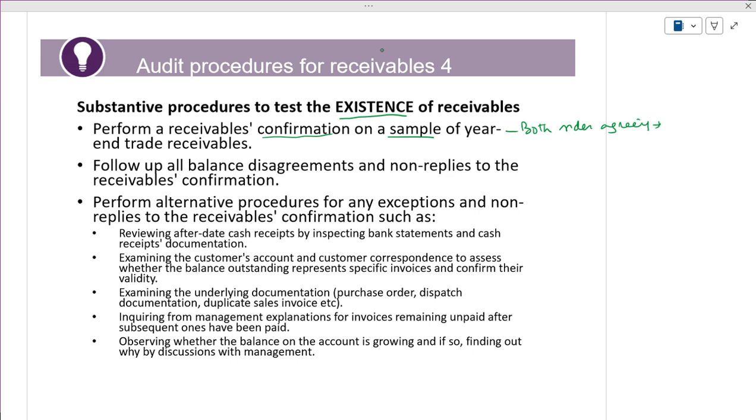Follow up on balance disagreements. Any disagreements you have to follow up. Any non-replies also we have to follow up. You are sending a confirmation on a sample basis. If you are not getting replies, definitely see what happens.